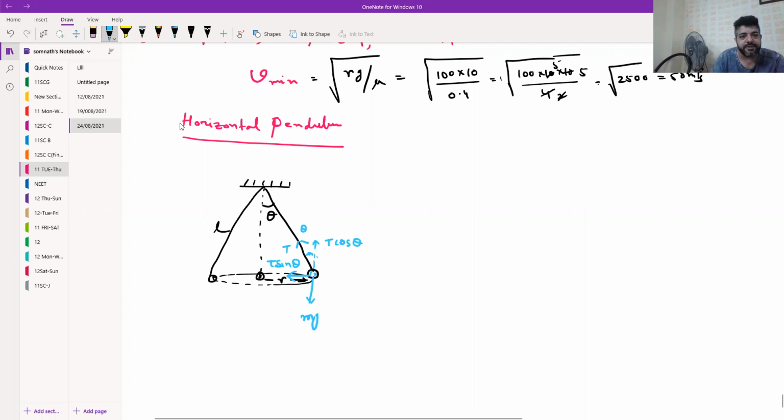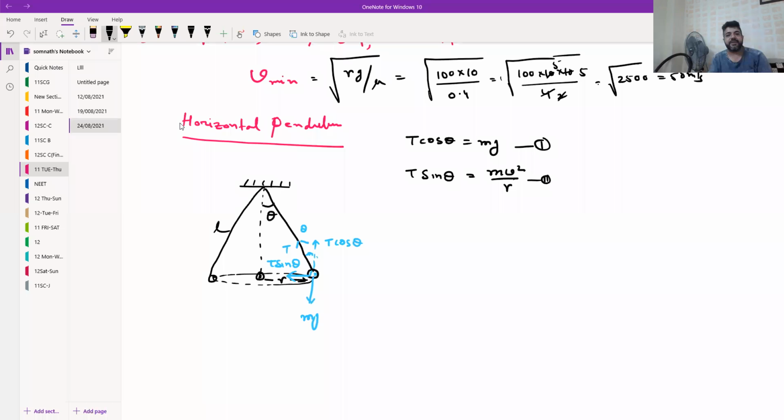Your upward force, T cos theta, balances mg, and T sin theta is equal to the force towards the center, mv square by r. Equation number 1, equation number 2. So dividing equation 2 by 1, T sin theta by T cos theta equals mv square by r by mg.